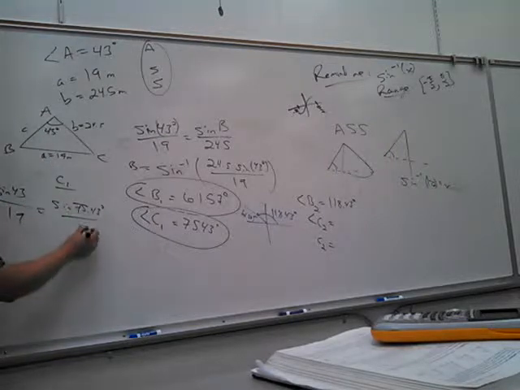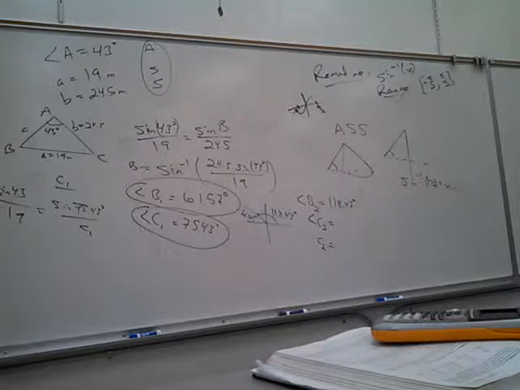Well, let's make it C1. And the work you do for the other one is going to look exactly the same as this, except you're going to be using that 118.43 angle. Not too difficult, right? I can tell on some of your faces it's not very interesting either, but that's all right.